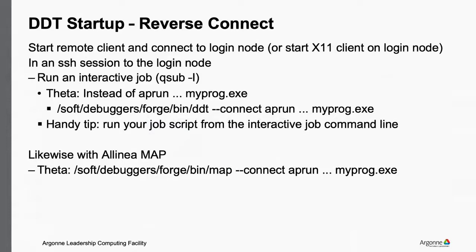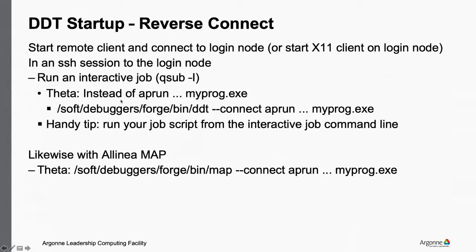So what you do for the reverse is that, since you're going to be debugging, you should start an interactive job. Remember back to the beginning of the talk, start your interactive job. And then you would normally do an app run, right?